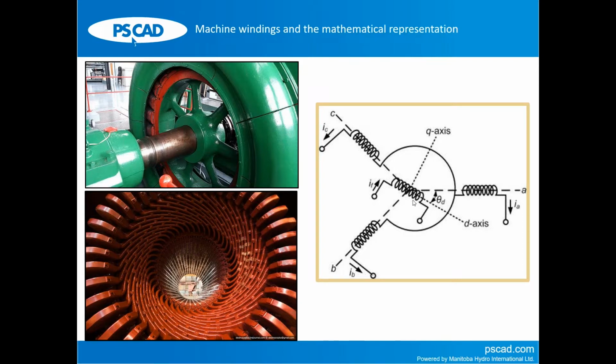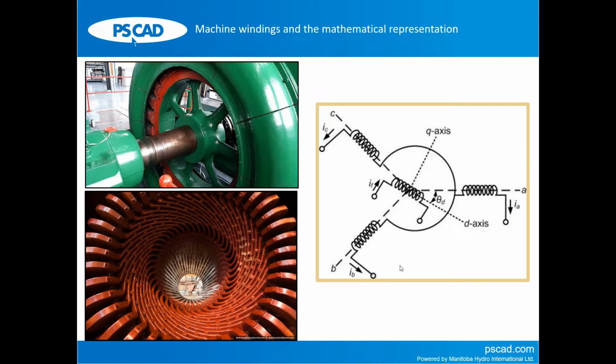So the D axis or the field winding is constantly rotating. In steady state, it rotates at a constant frequency corresponding to your steady system frequency. So here I have 4 equivalent windings representing this complex actual winding structure.